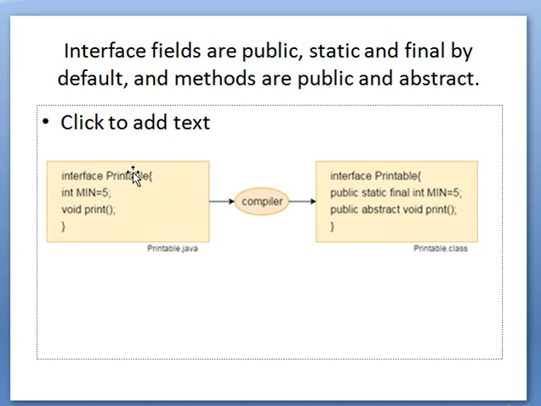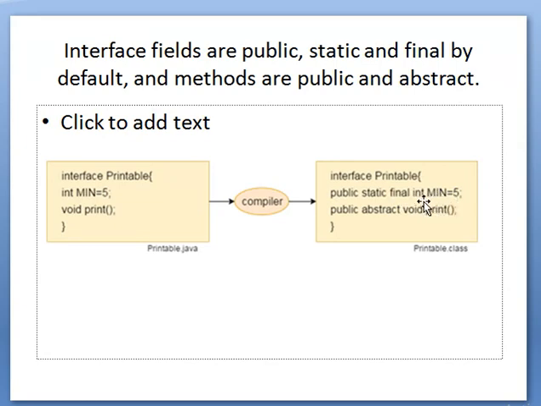If you write an interface in this manner, the compiler by default converts it into this code: interface printable, and whatever variable you declared, minimum 5, will be converted into public, static, final.